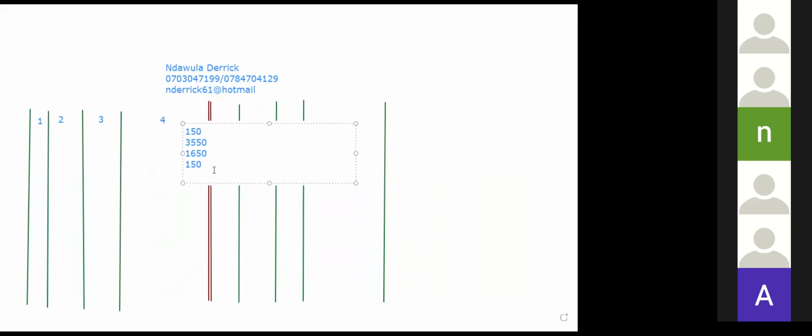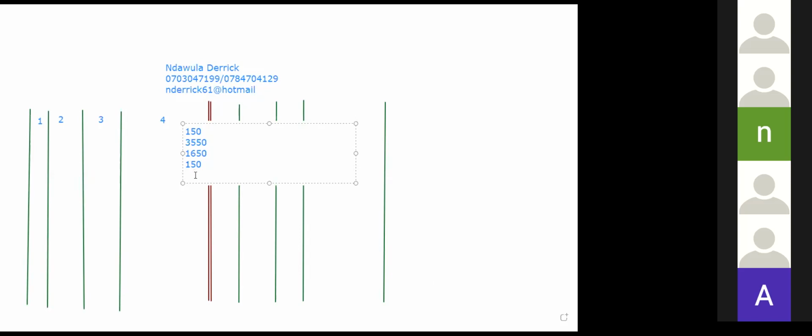The total is going to be what? I'll just add this up. Don't worry about the accuracy of the figures; we just need this for an explanation. 3550, 1650, then 150.